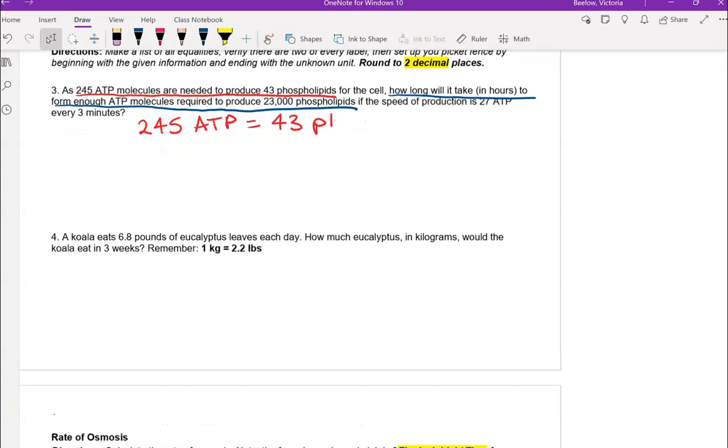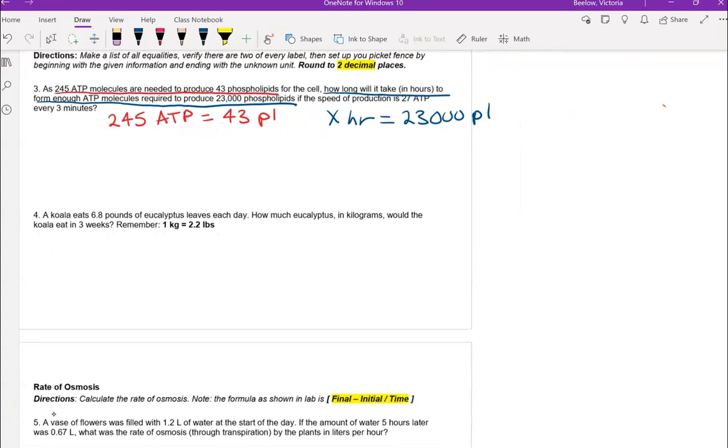So you can write that as X hours, or you can write it as question mark hours. But we don't know how many hours it will take to make 23,000 phospholipids. So this part here is important because this is going to help us determine what to start our picket fence with.